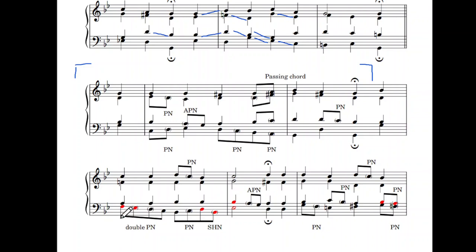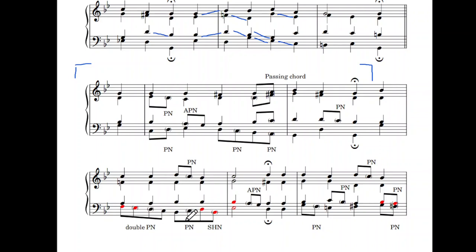In here we have the F, E. Since E is a non-chord tone, we can add another accented passing note to join the C together. So these are all by steps. And we can say the middle two quavers are double passing notes. Or the first one is an unaccented passing note and the second one is an accented passing note. This is quite a characteristic in Bach's chorale.